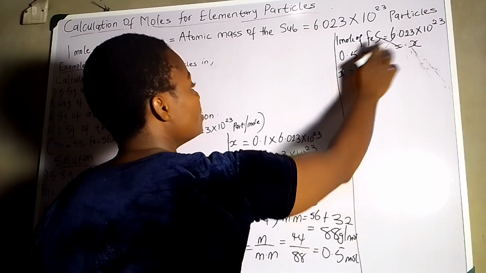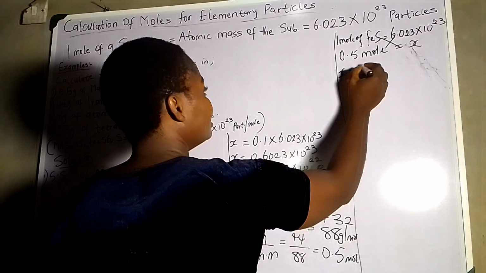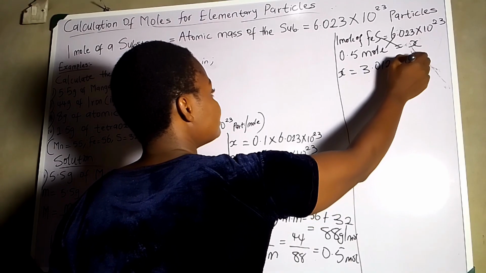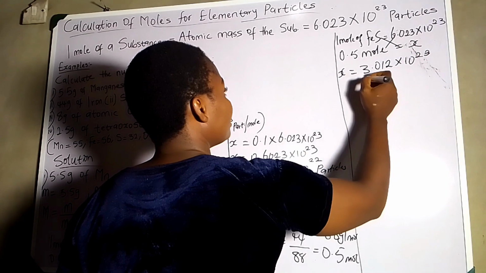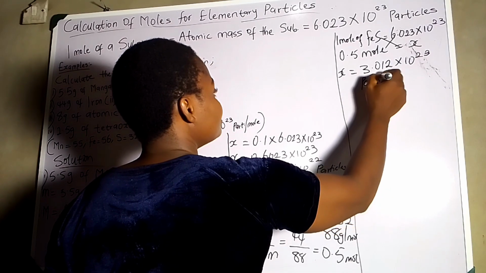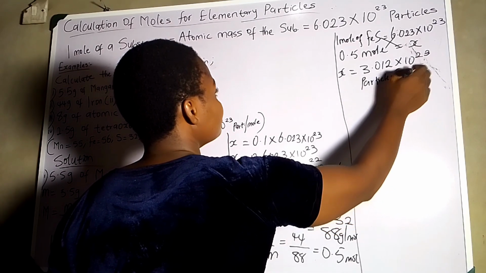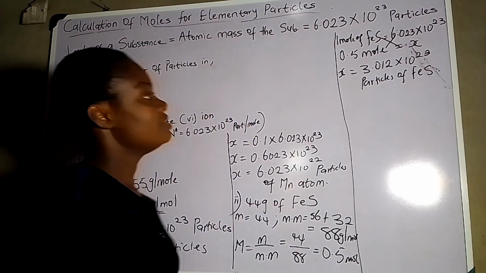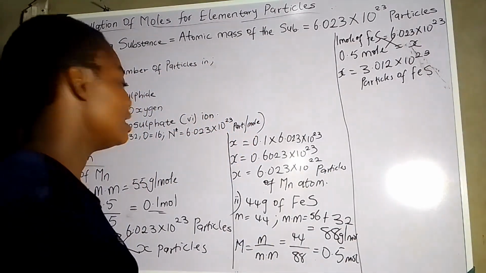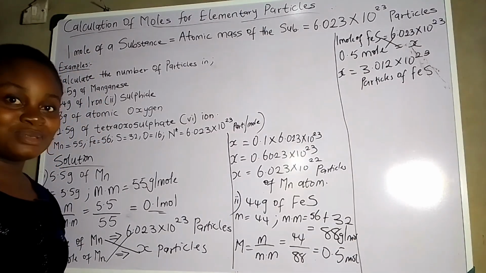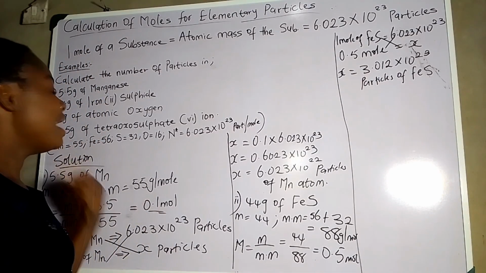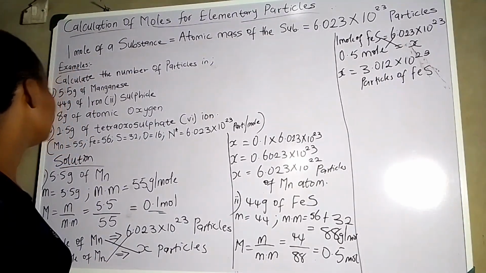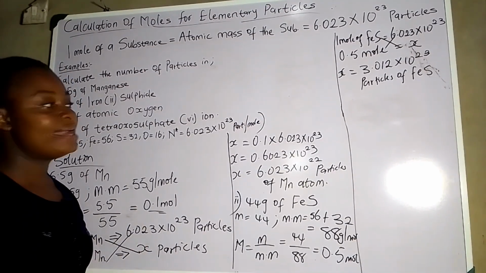Our S becomes, when you multiply this, what will you get? 3.012 times 10 raised to the power 23 particles of iron 2 sulfide. So that is the answer. Just know that if it's an atom, it is for element. If it is for molecules, it is for compound, okay? Quickly, let's solve question number 3.